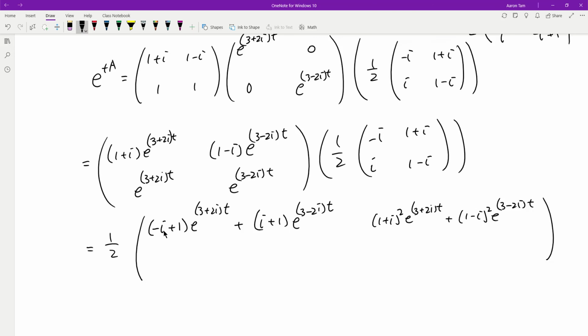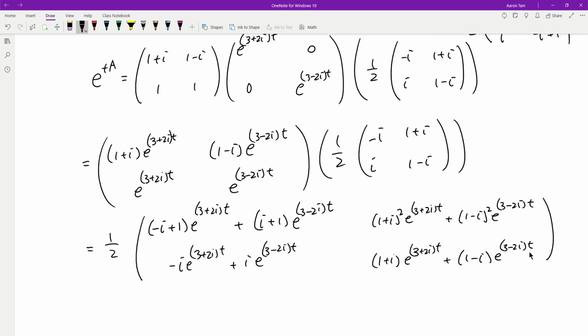So I'm going to have negative i, e to the 3 plus 2i t, plus i, e to the 3 minus 2i t. And then this one would multiply to 1 plus i, e to the 3 plus 2i t, plus 1 minus i, no square, e to the 3 minus 2i t. So that's what it looked like, and I have the 1/2 in front.